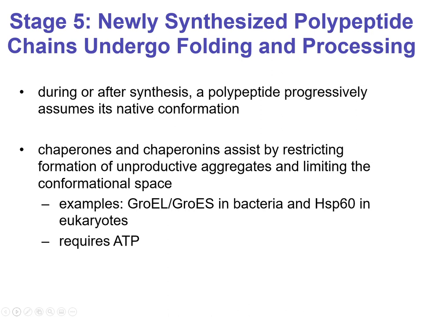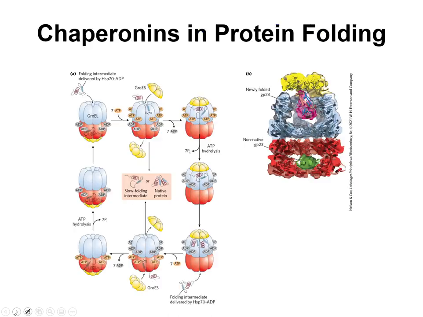In bacteria, you have GroEL and GroES, and in eukaryotes, you've got HSP60. And this process of helping proteins fold requires ATP. So again, we've already made the polypeptide, but we're still investing energy to make sure not only do we have the right primary sequence, but that we've got the right secondary and tertiary structures.